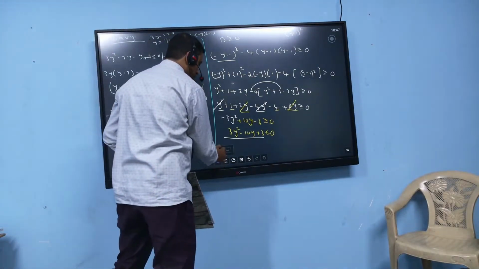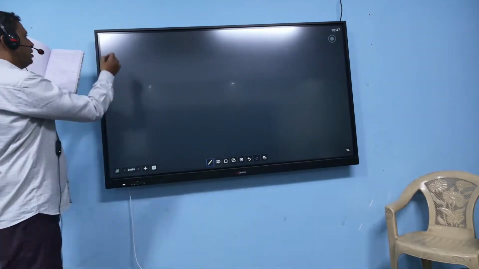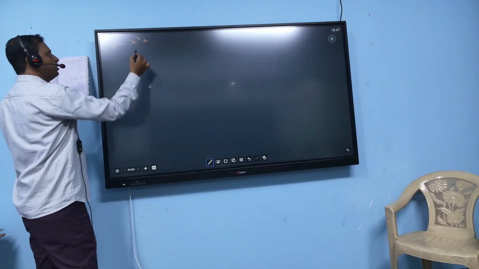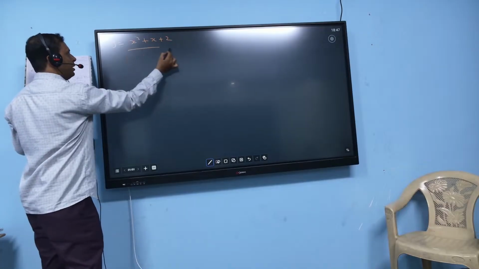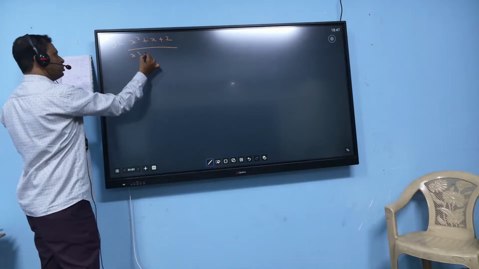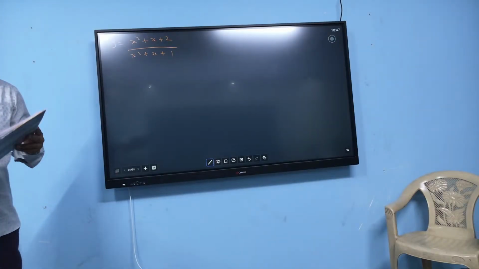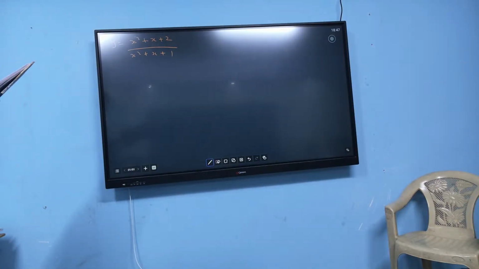One more sum. Y is equal to x squared plus x plus 2 divided by x squared plus x plus 1. Will you try this? Okay, try.